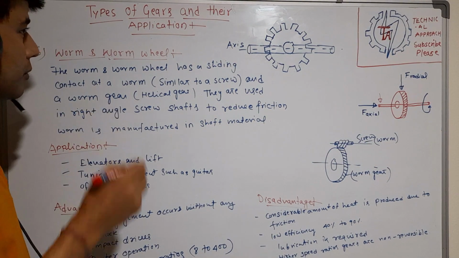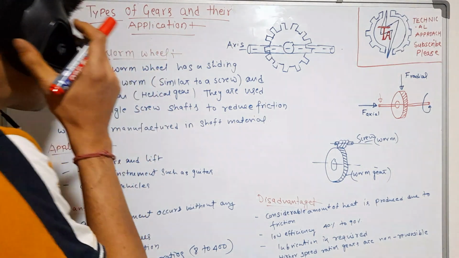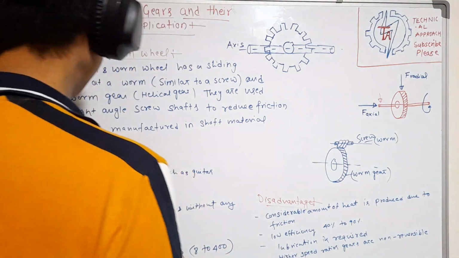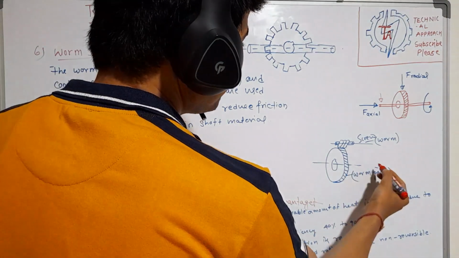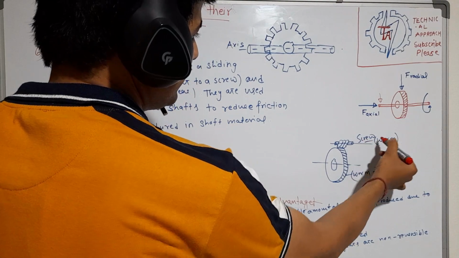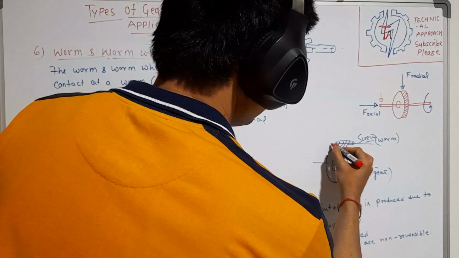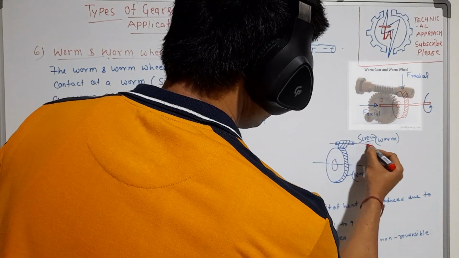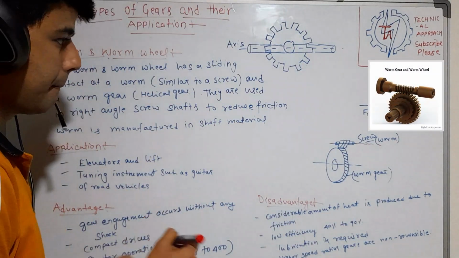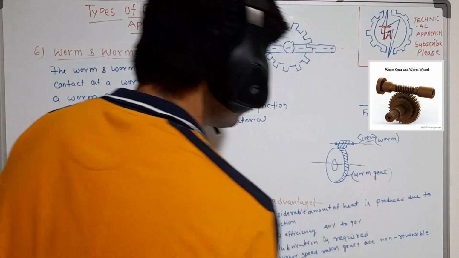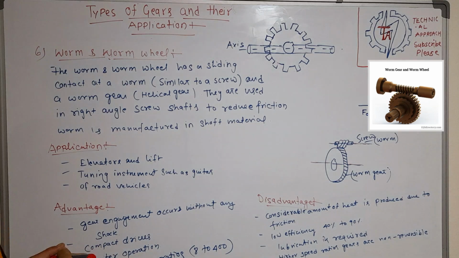छठवां है हमारा वर्म एंड वर्म व्हील. ये वर्म गियर है. ये हमारा वर्म एक स्क्रू टाइप का. The worm and worm wheel have a sliding contact.